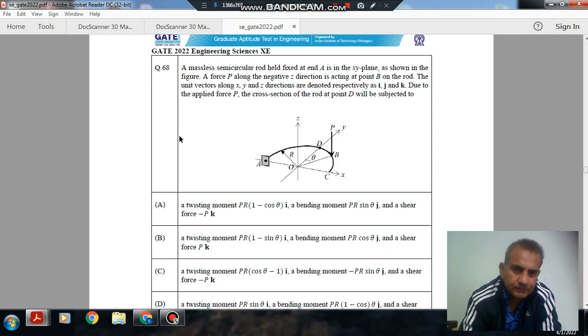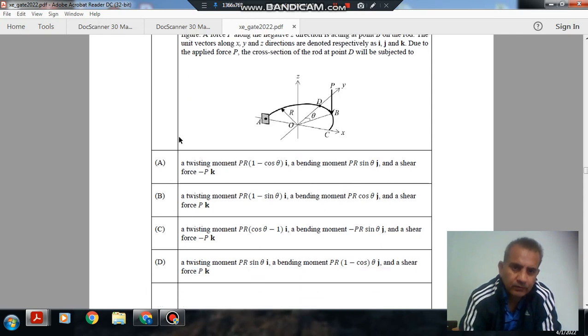Option B, a twisting moment PR 1 minus sin theta I, a bending moment PR cos theta J, and a shear force PK. Option C, a twisting moment PR cos theta minus 1 I, a bending moment minus PR sin theta J, and a shear force minus 2K.